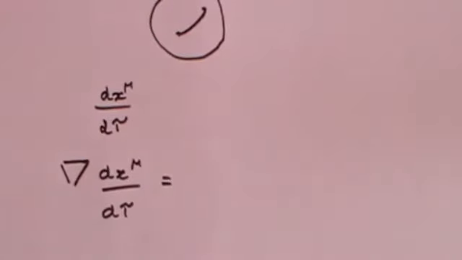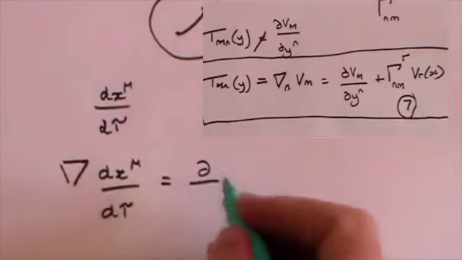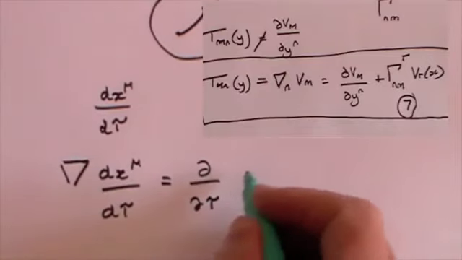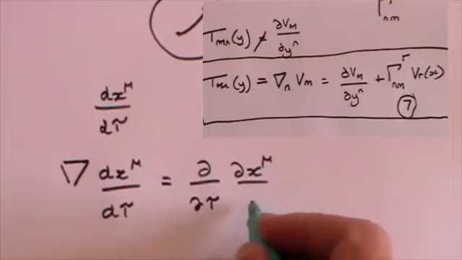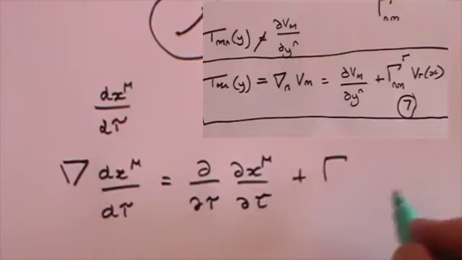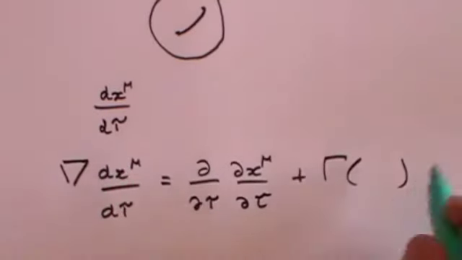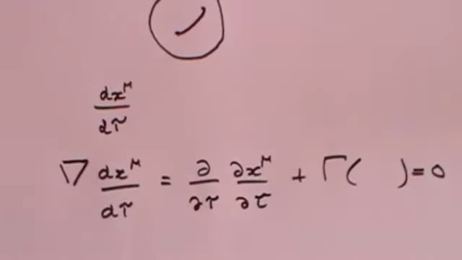And from equation 7, which should be on the screen, you can see that that will essentially be the ordinary derivative plus a gamma term, which I won't fill out, but there is a gamma term. Remember, that's the correcting term. And what we can say is for the geodesic, this term must equal 0. So you've got this term plus this term equals 0.